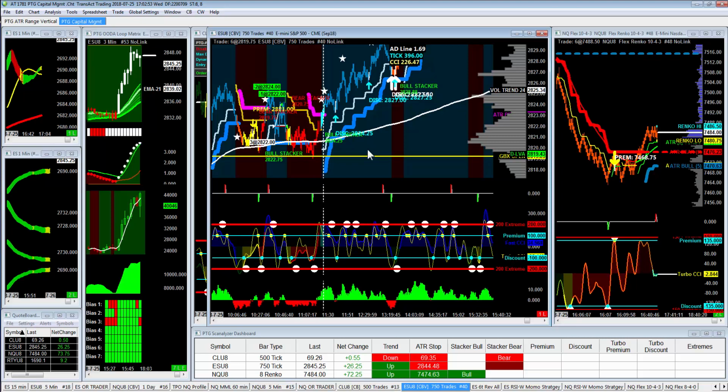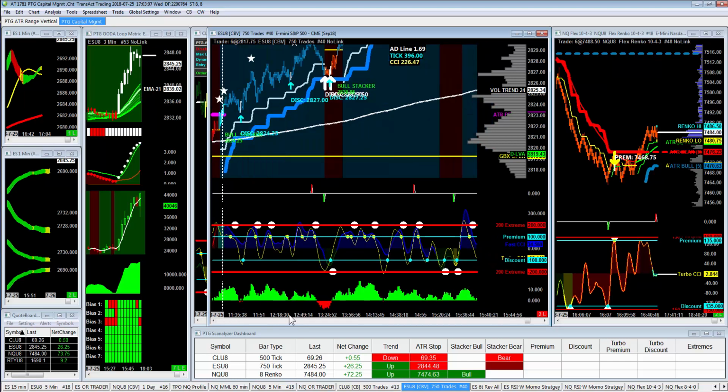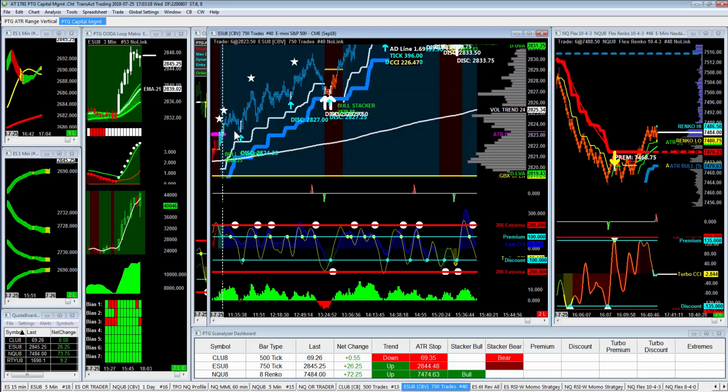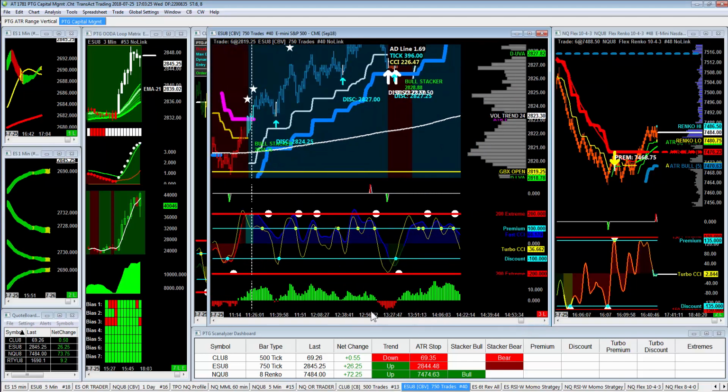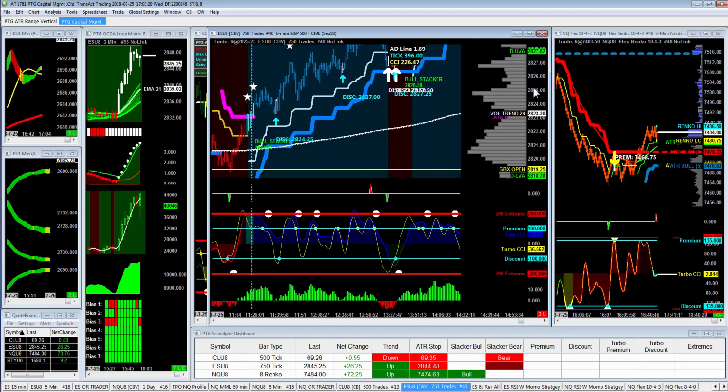Very easy to delineate instead of just looking at a black background, and seeing a colored background will reinforce what type of signal we're looking for, and what's in effect. So once that occurs, what we're really looking for at that point is pullbacks that will get us in alignment with the direction.